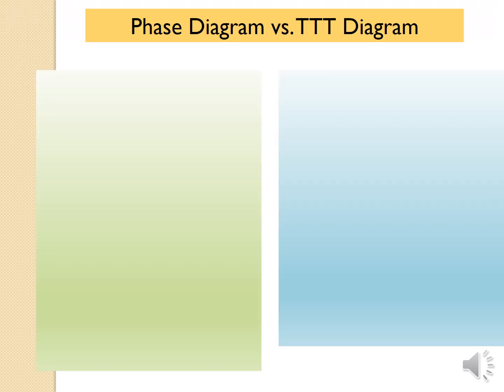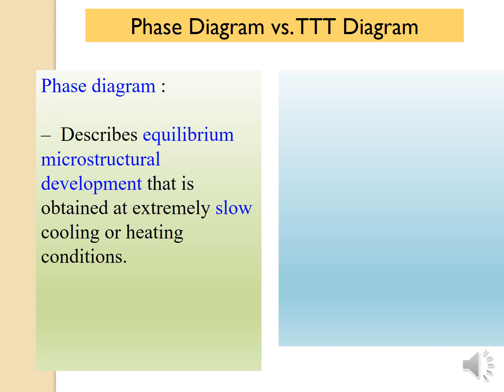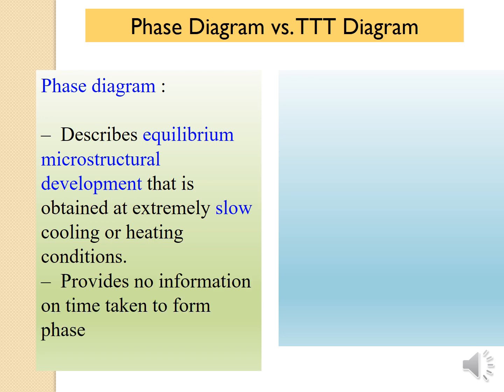Now let's compare the phase diagram and the TTT diagram one more time, since we learned what a TTT diagram is in this class. The phase diagram describes equilibrium microstructure development, which is often at extremely slow cooling or heating conditions. It allows time for the equilibrium state to be reached, but it provides no information on the time taken to form those phases.